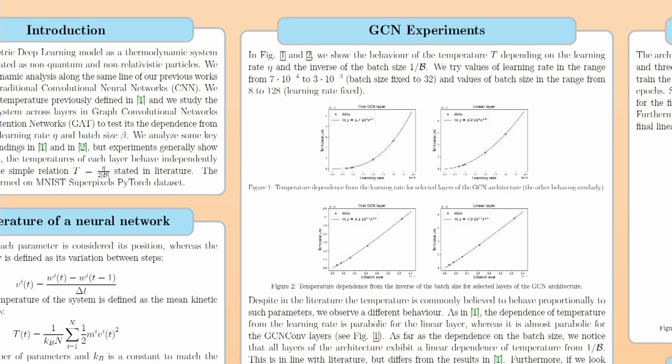So the concept of temperature is used in a theoretical analogy without any measurement on the neural network, because you can imagine that if you see those parameters moving stochastically during the training, if you enlarge the learning rate, of course it is more stochastic, more noisy, and in the same way, if you diminish the batch size, it's more stochastic.